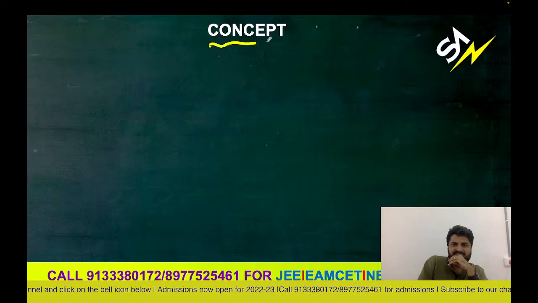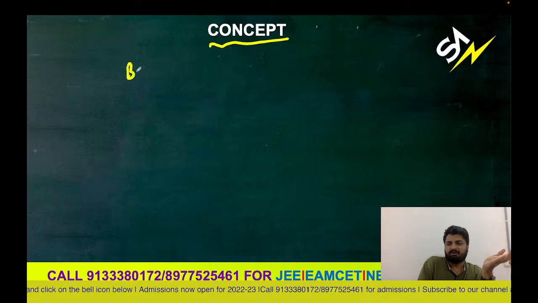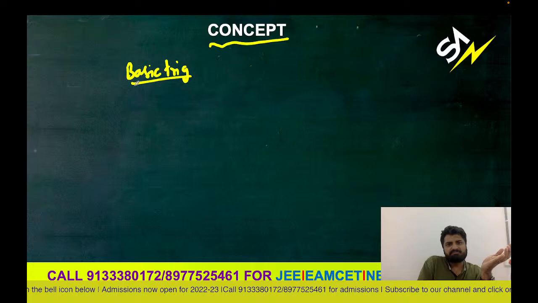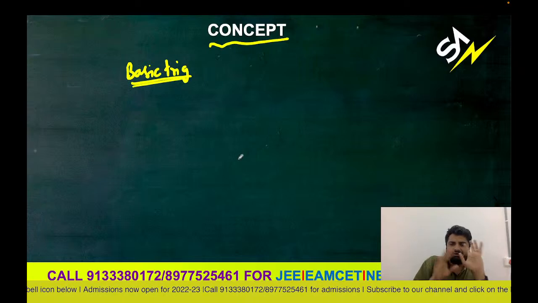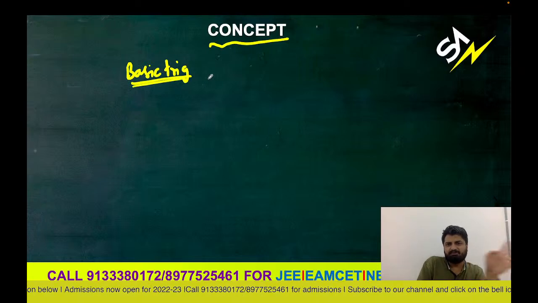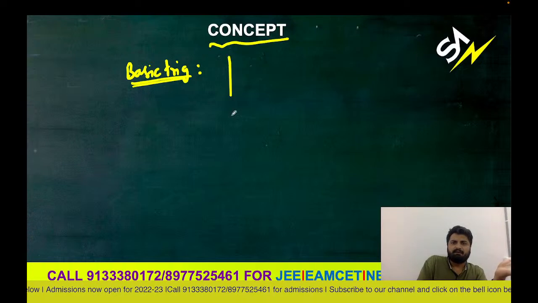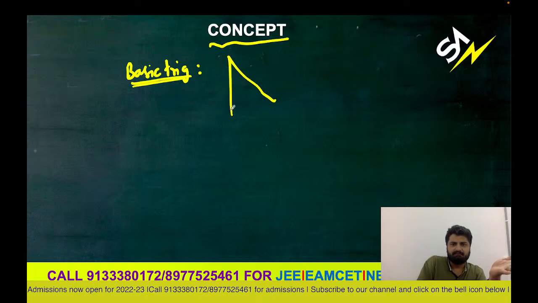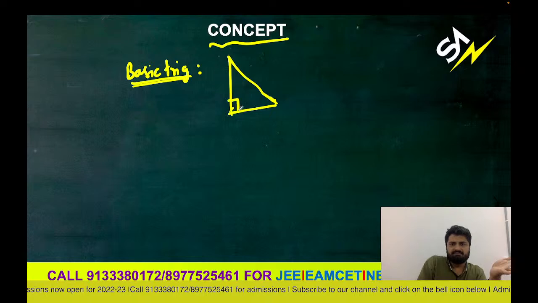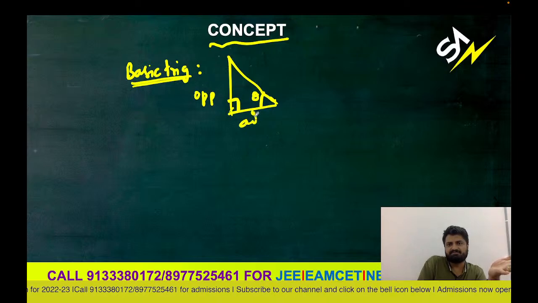Now talking about the concepts, we'll be learning basic trigonometry formulas and concepts. I'm not getting into more detail, so basically you just need to know that trigonometry deals with a right angle triangle, and if this is the right angle and this is the reference angle, this is called the opposite side, this is called the adjacent side, and this is called the hypotenuse.